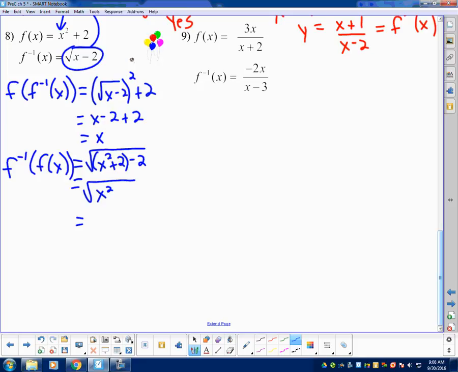This is interesting. This brings up an interesting concept here. We really should talk about the domain of x. Because we're just going to take the positive square root of this, which is x.